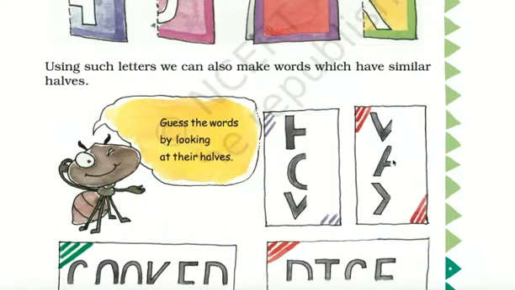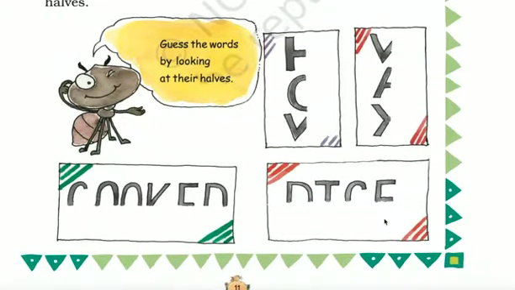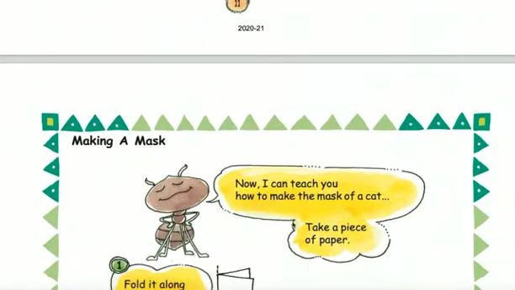W. A. X. C. O. O. Cooked. I. C. E. This is ice. This is cooked rice, maybe. It is dice, not rice. It is appearing dice.